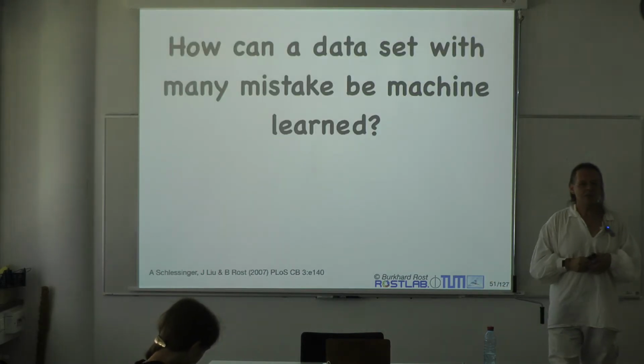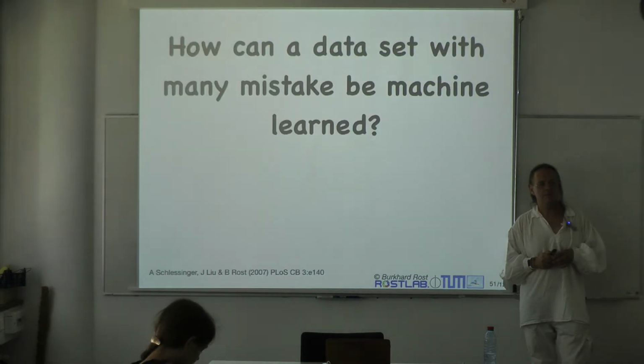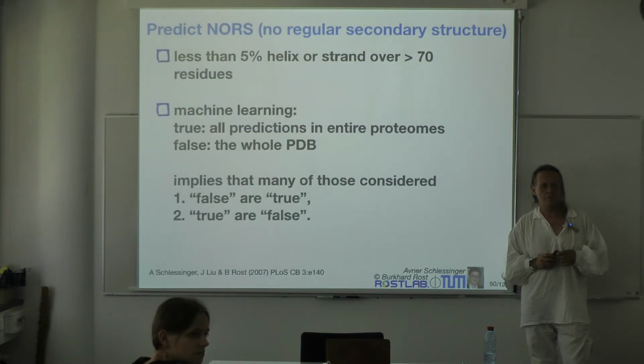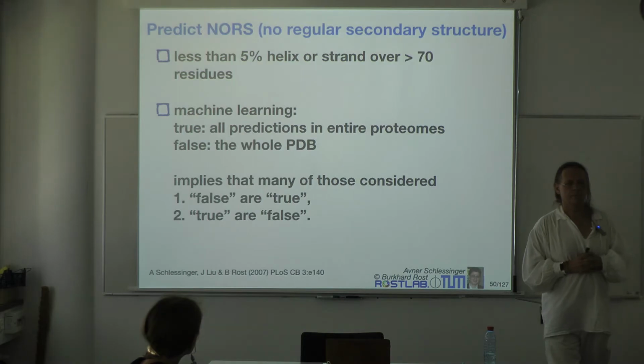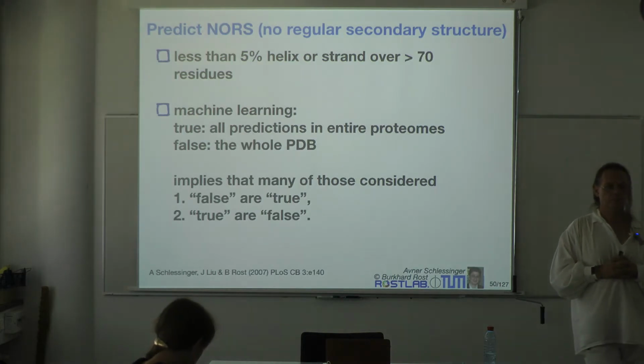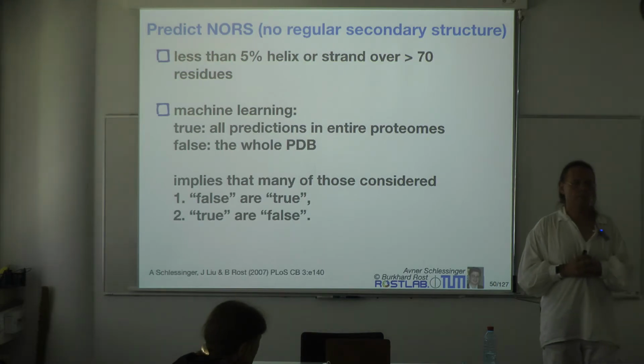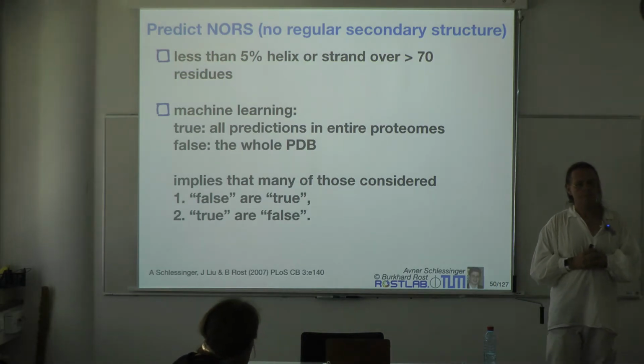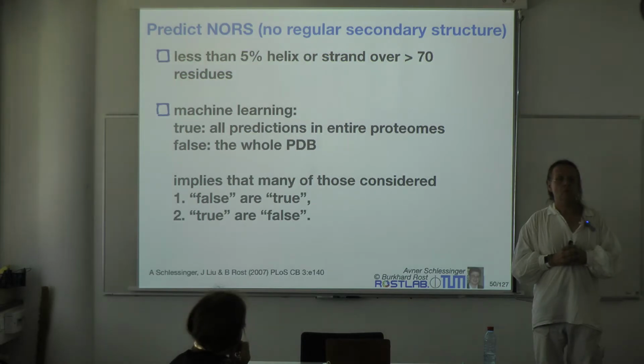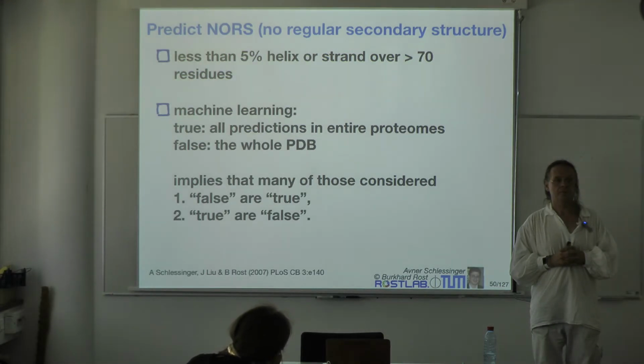So then the question becomes, yeah? But I'm confused right now, especially about the last slide. Yes. So you want to predict the disordered regions for sequences that are shorter than 70 residues.